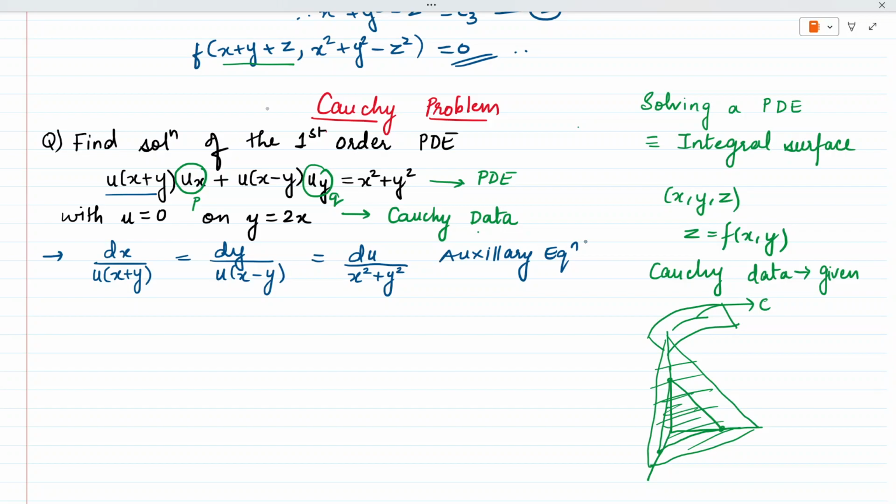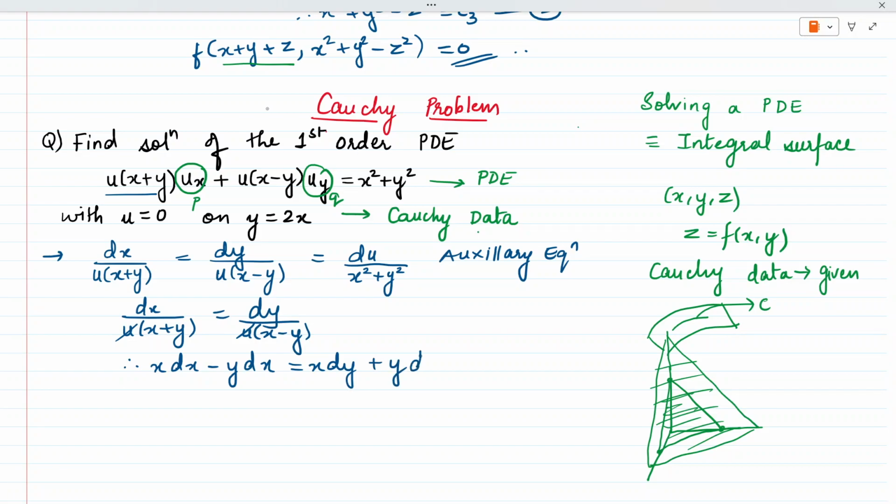Come on. How do you begin? Will the first two equations work? What if I took this? Can I cancel out u here? Once I cancel u and cross multiply, you will get x dx, y dx, x dy, y dy.